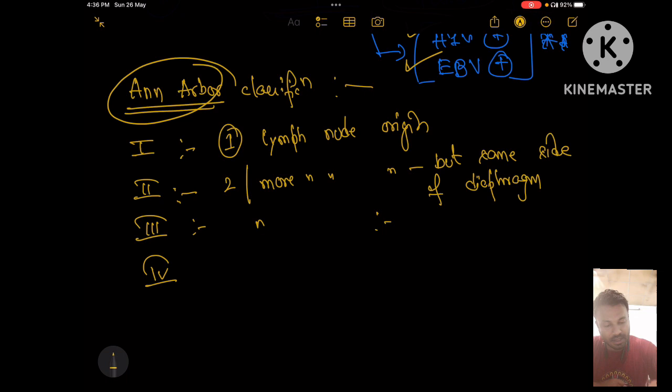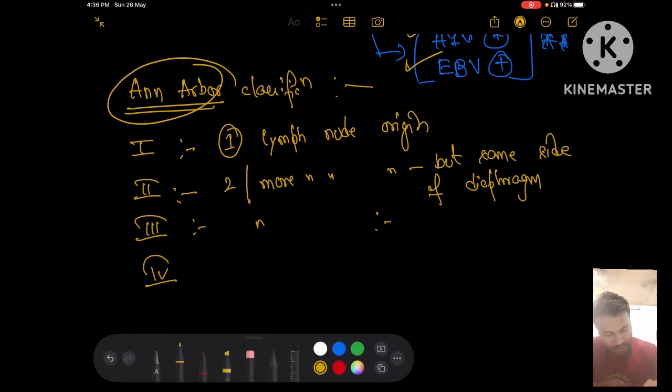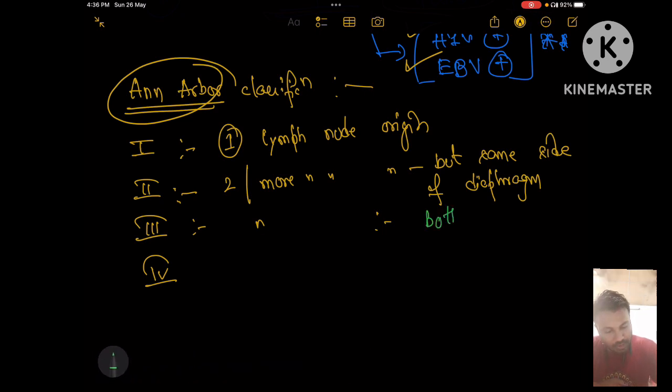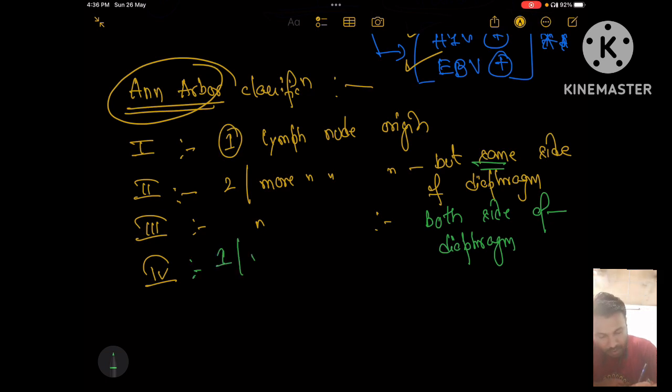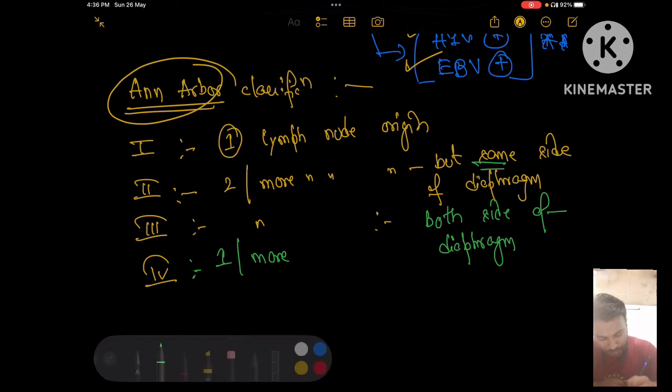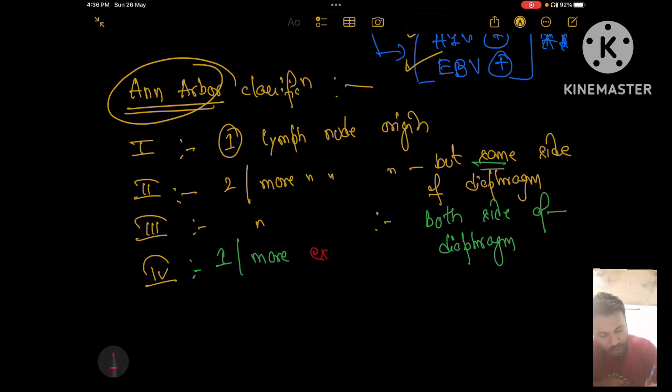It is the same, but on both sides of the diaphragm. And then, one or more extra lymphatic organs. So, what is the grading in Ann Arbor classification?